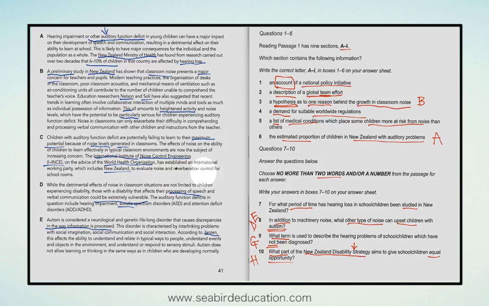To evaluate noise and... Okay, so there's international, so that must be C. Global team effort. Demand for suitable worldwide regulations. Demand.